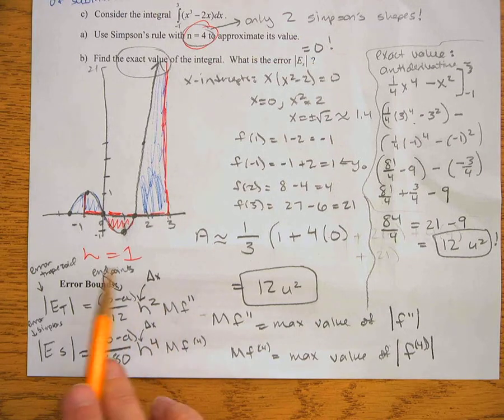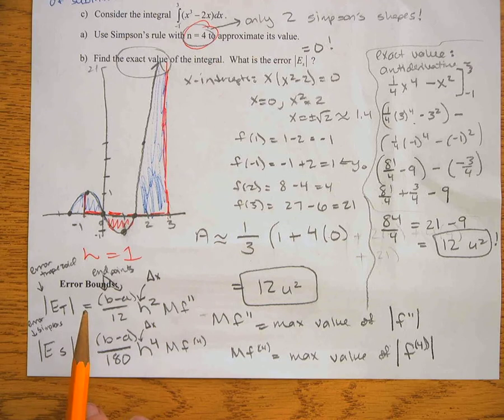These formulas here can help us figure out how much error we had in our measurement using either the trapezoid rule or the Simpson's rule.